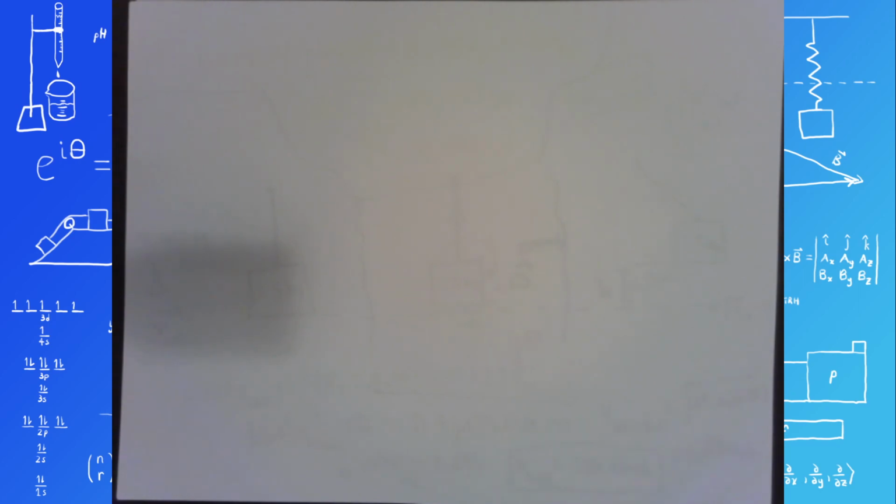And I'll actually go over a derivation that I have shown to my students, but it bears going over again. It bears repeating.